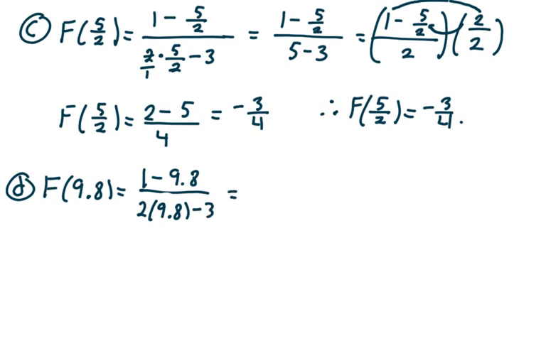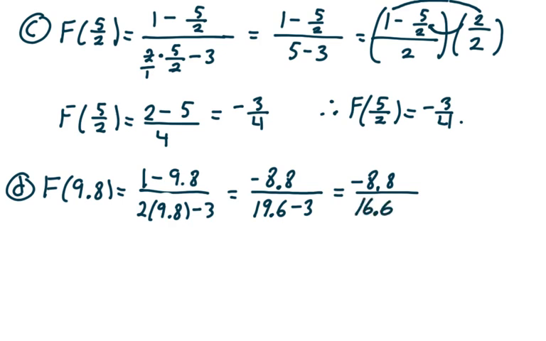On top, right, I'm going to get negative 8.8. In the denominator, right, I'm going to get 19.6 minus 3. So you get negative 8.8 divided by 16.6.